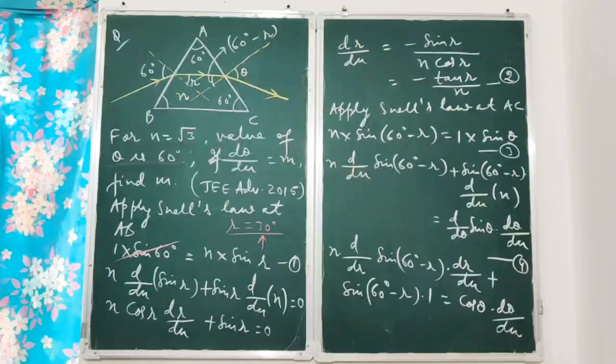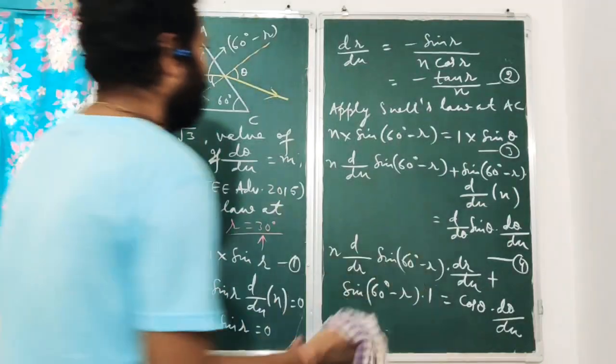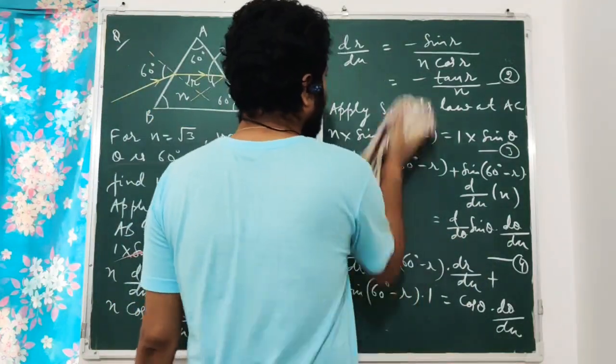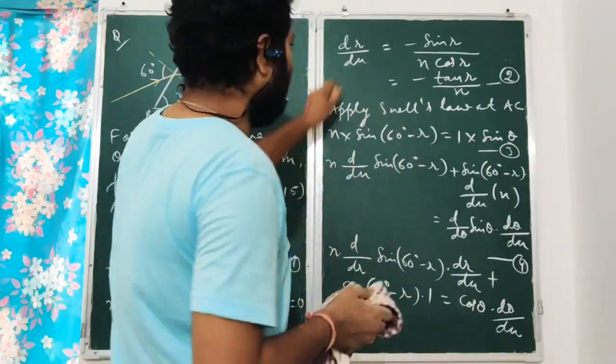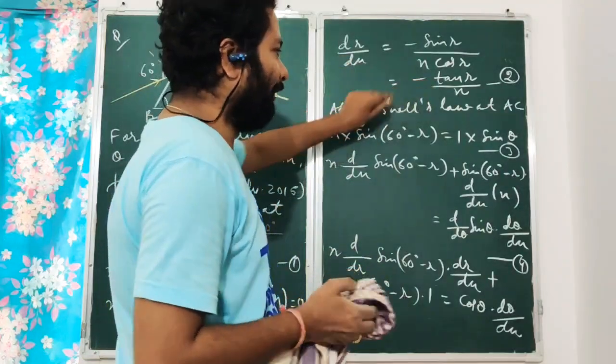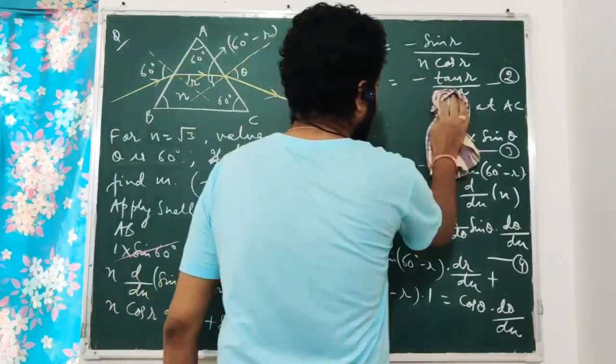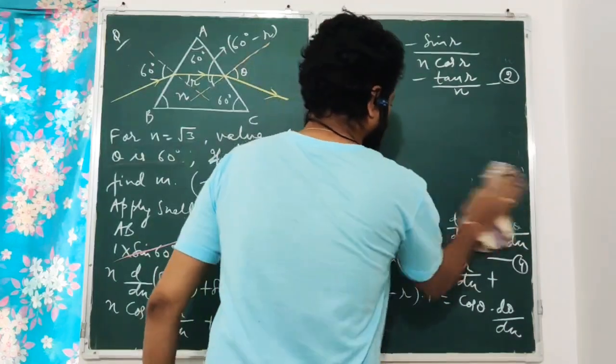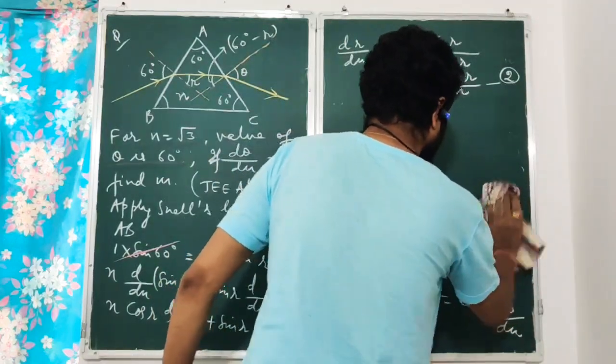Now let us start substituting the values after completing the differentiation part. Remember dr by dn, we have got as minus tan r by n. So I will move this part, so that it might be useful for us.